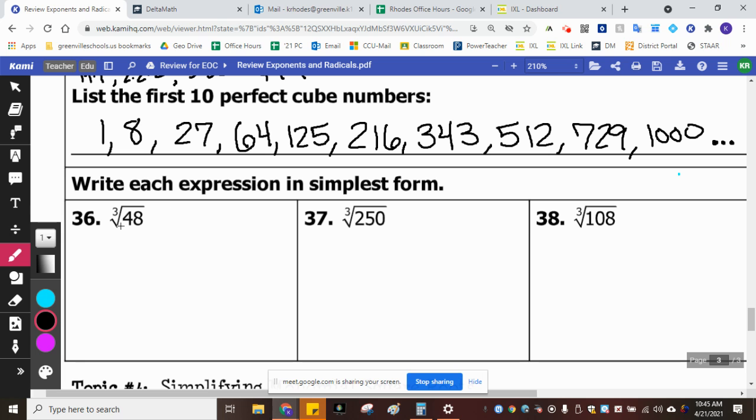All right, we'll do the evens. So we're going to break down 48. What gives me 48? It's even, so you can always use 2.